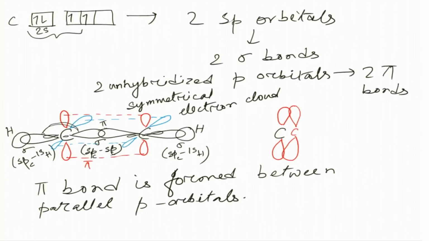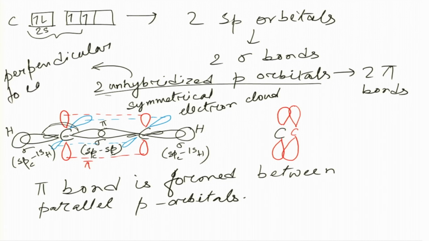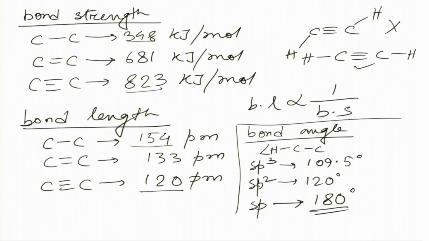And in this case, we had seen that pi bonds are formed between two parallel p orbitals of each carbon, but these two unhybridized p orbitals that were left, that is this one and this one, are perpendicular to each other. That is, these two p orbitals lie in different planes. Okay. So, this was the structure of the triple bond in alkynes.